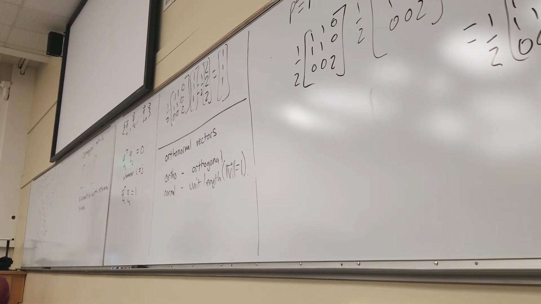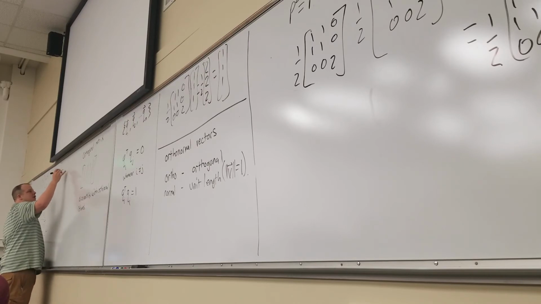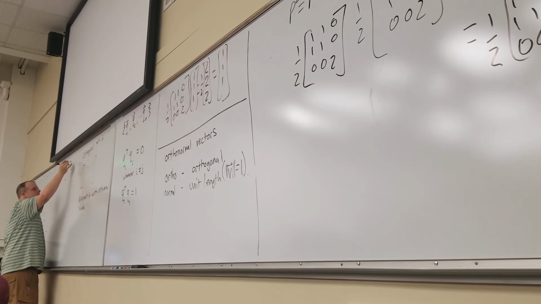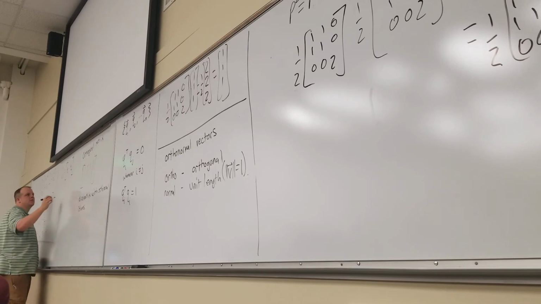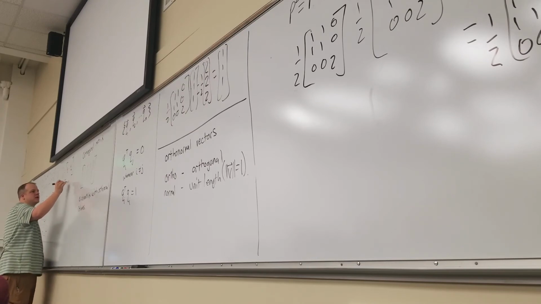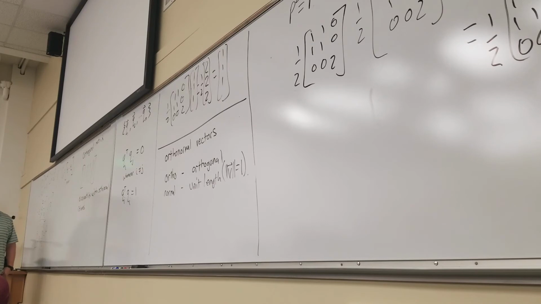Okay, so let's make an observation real quick. Capital Q equal to some orthogonal matrix, Q1 through Qn.